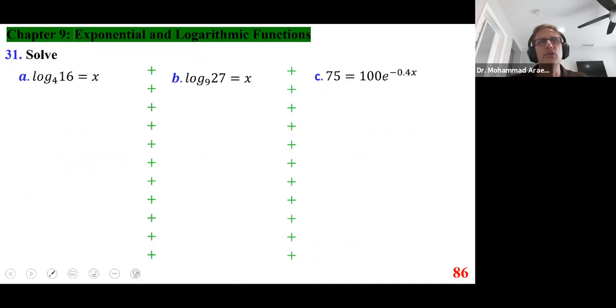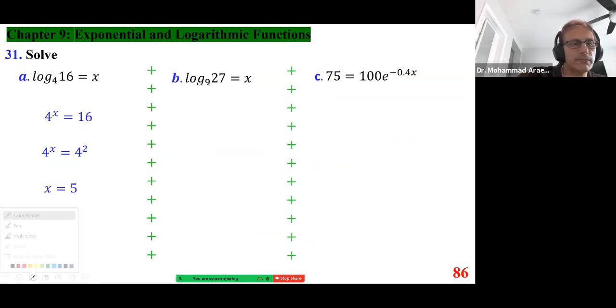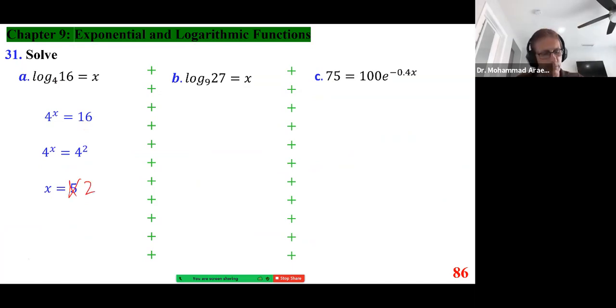We've seen this type of question before, so we're going to go through it fast. Definition: 4 to the power of x is 16, and you know 16 is 4 squared. Therefore, x is 2.